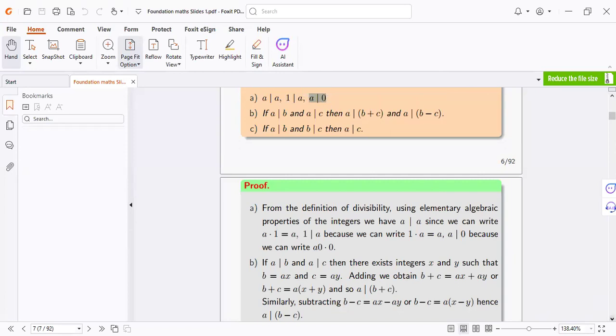So part 1 is elementary, to show that A divides itself. From the definition of division that we had, for A to divide B, it means you can get another number, C, which when multiplied by A gives you B. So when we say that A divides itself, it means we can get a number, and that number is 1, which when multiplied by A gives you A. This is the proof.